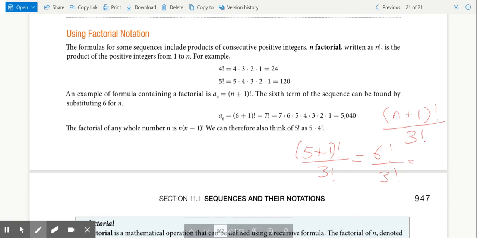Well, 6 factorial is 6 times 5 times 4 times 3 factorial over 3 factorial. 3 factorials cancel, so this would just be 6 times 5 times 4. So you can cancel factorials, right? Because they're equal. So if you have division happening and you have a bigger factorial, you can split it up and then cancel out the smaller factorial. Hopefully that makes sense. I'm going to move on.